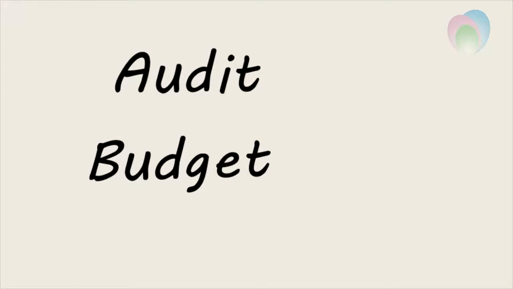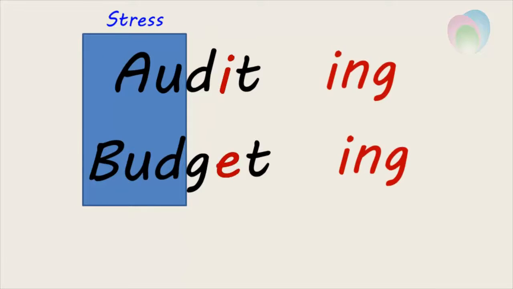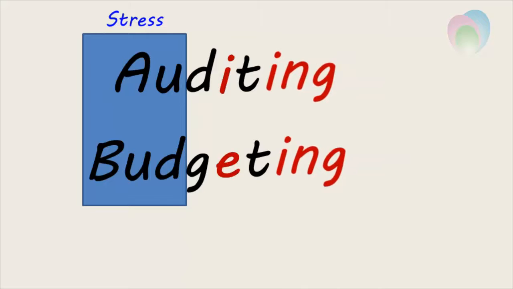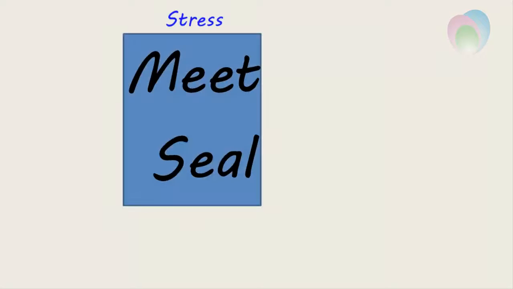If this final syllable is not stressed, like in audit and budget, the consonant is not doubled. If the vowel is not a short vowel, like in meat or in seal, again the consonant is not doubled.